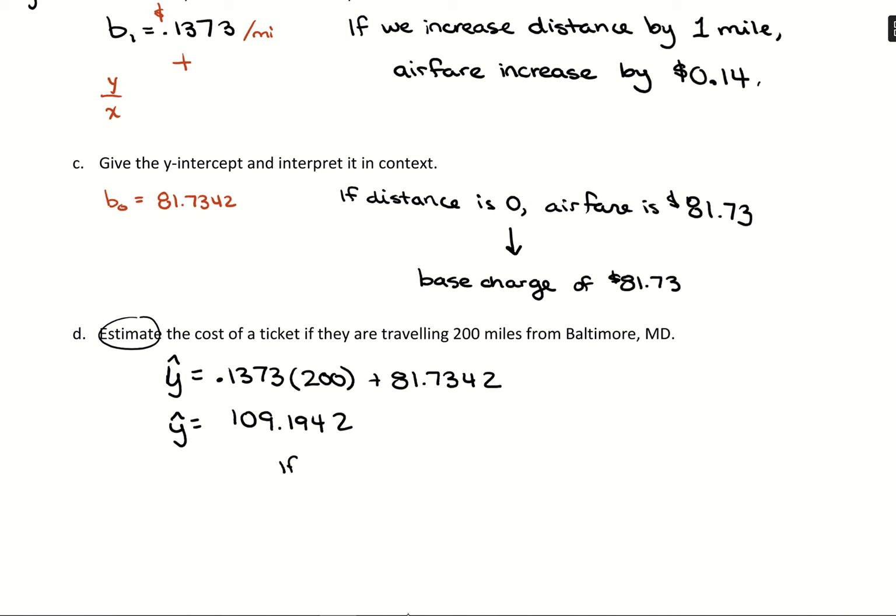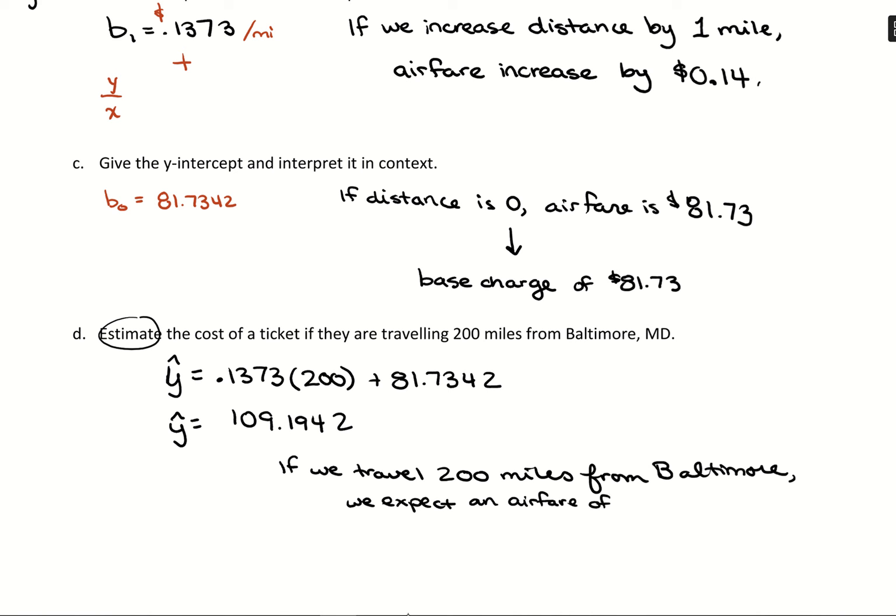So if we travel 200 miles from Baltimore, we expect an airfare of $109.19. So some key wording in there is to throw that this is what we expect to occur.